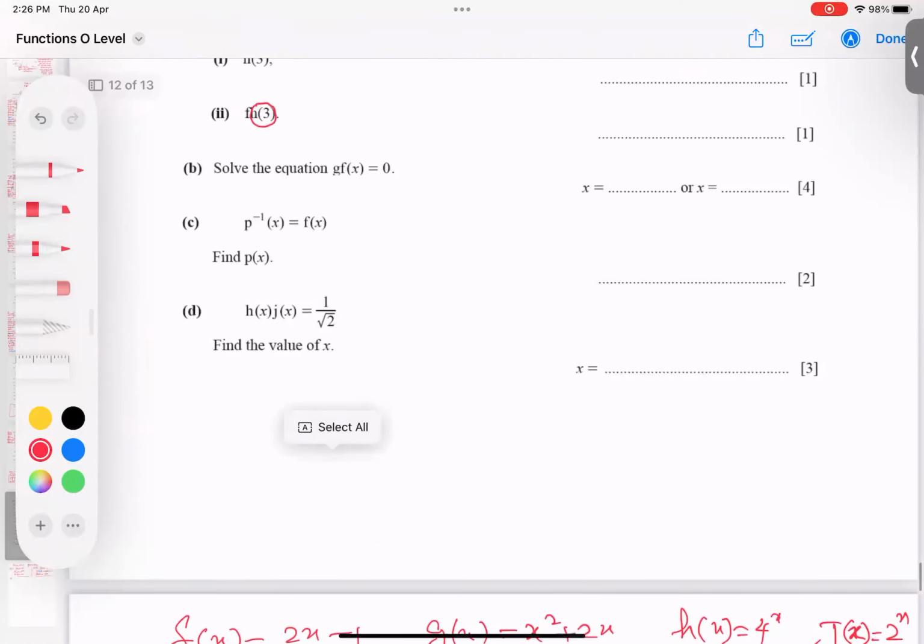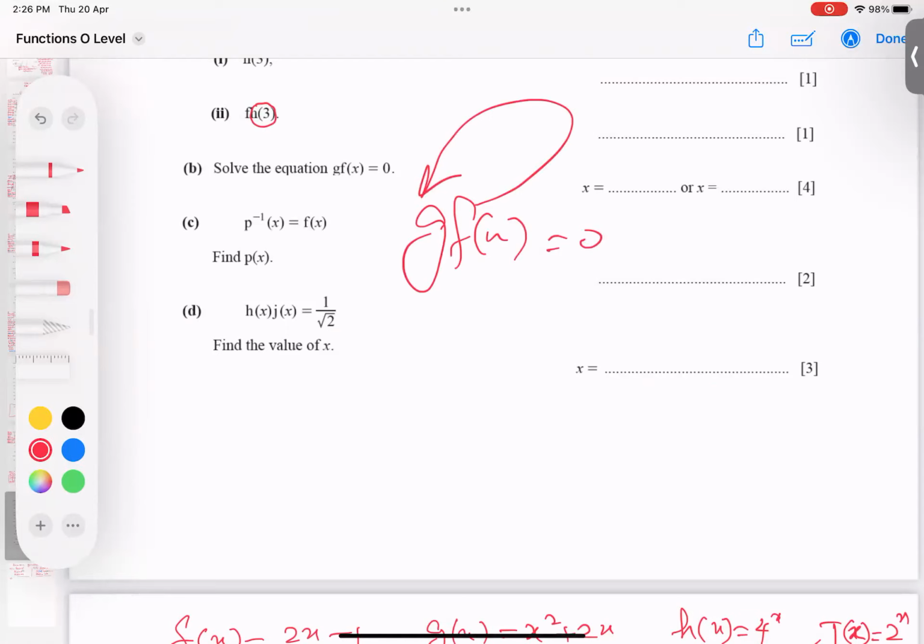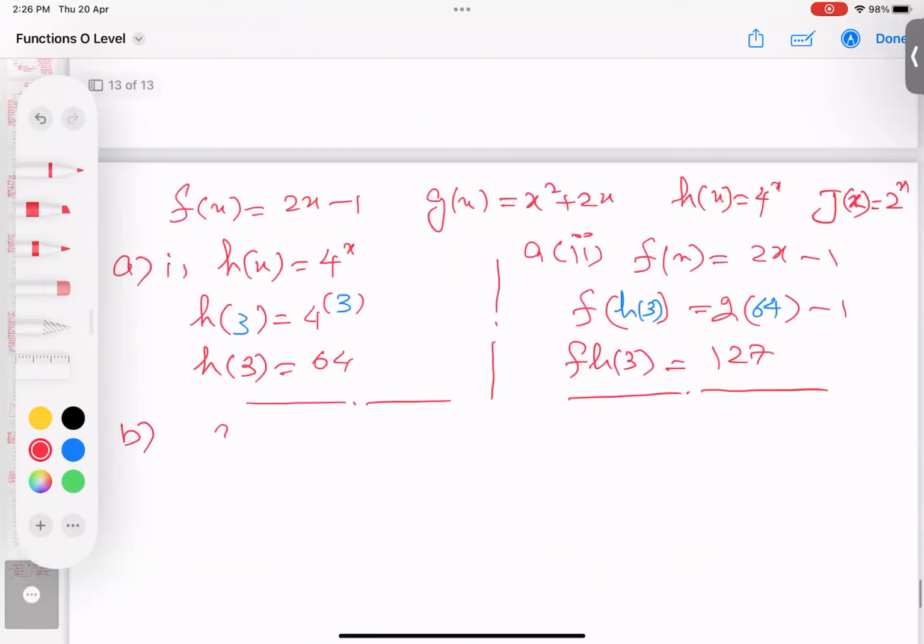B part. He said solve this equation. The question is g f of x equal to, the function f will go in g. So first I will copy g of x. So let's start. G of x copied.